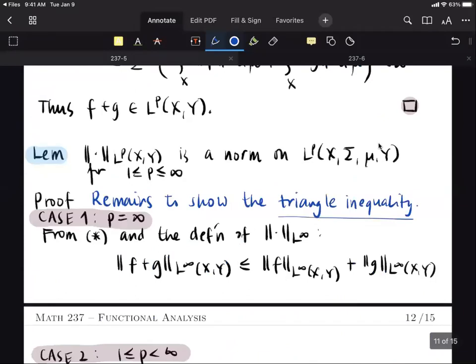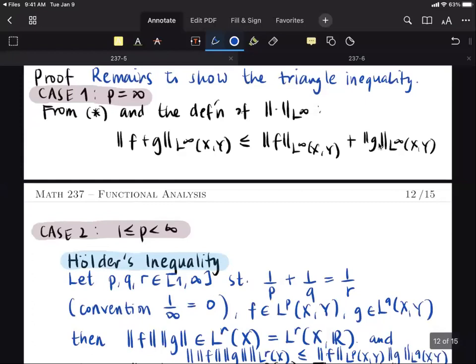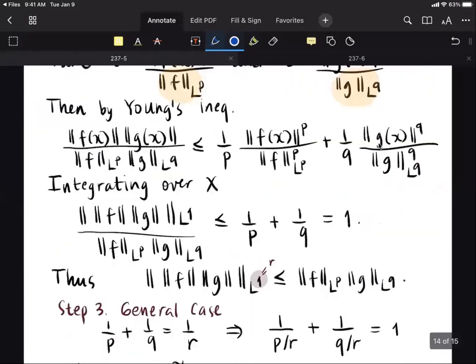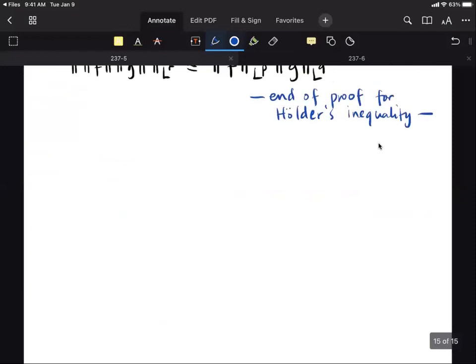For us to show the triangle inequality in the case when P is finite. So let us look at that. And in fact, it has a special name. The triangle inequality in LP is known as Minkowski's inequality.